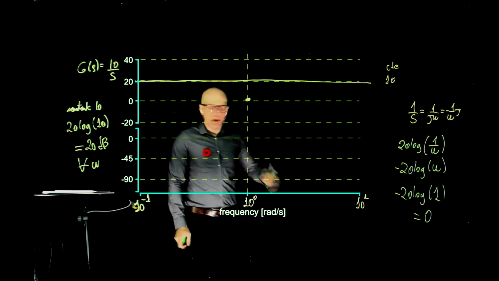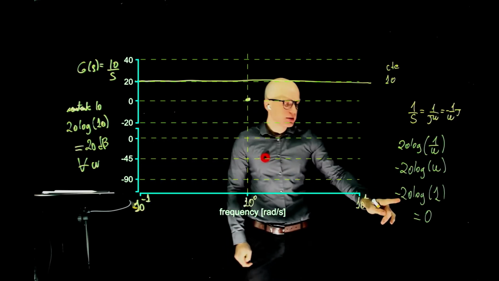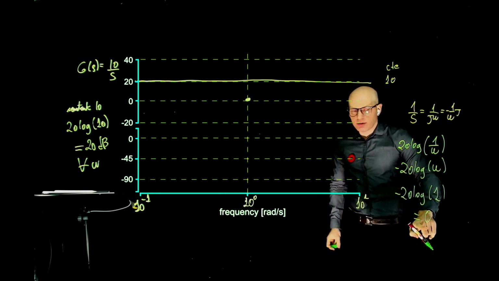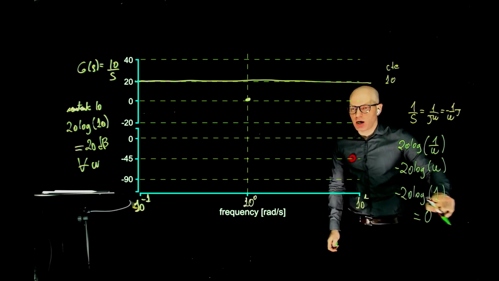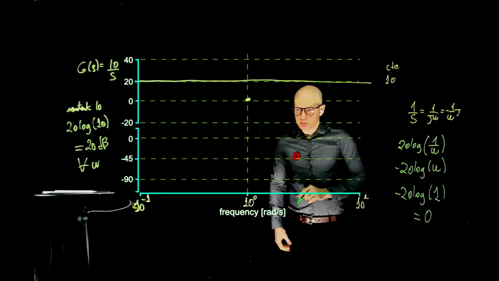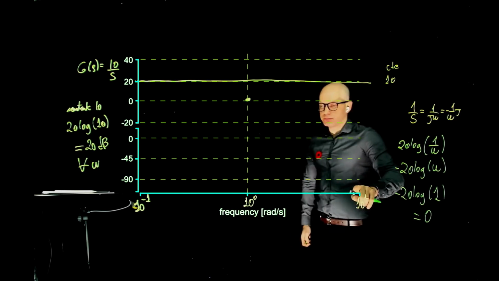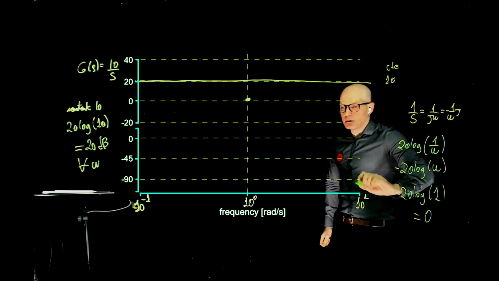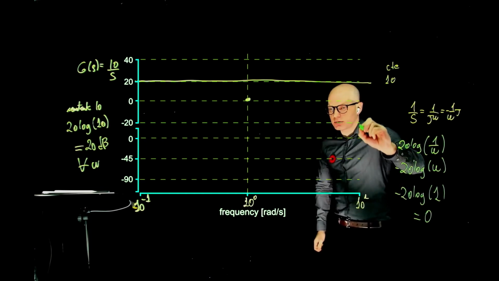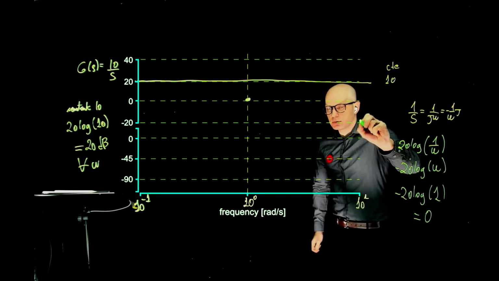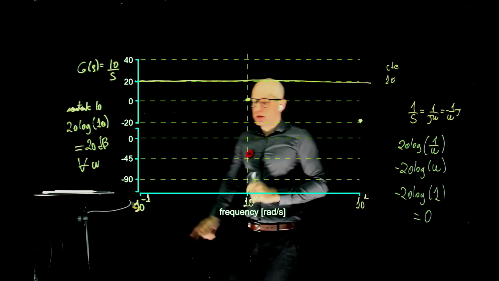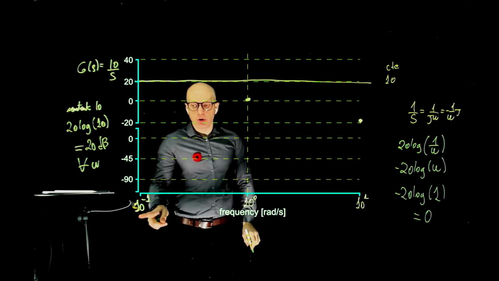So this thing has a slope of negative 20 decibels per decade. If you now go to the frequency of 10, this would be negative 20. If you go to the frequency of 100, it is going to be negative 40. So what is the magnitude here at 10? It is negative 20 log of 10. That's negative 20, right there. And what is the magnitude at 10 to the power of negative 1?